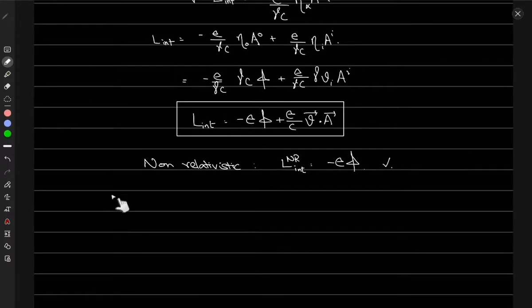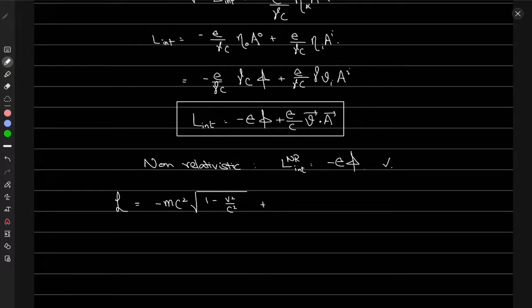With this now, I can write down the complete Lagrangian. Let's use the symbol curly L for that. And now the non-interacting part of the Lagrangian, if you remember, we wrote it down before as minus m c squared square root of 1 minus v squared over c squared. So that is just your simple Lagrangian when we have a free particle, for example.